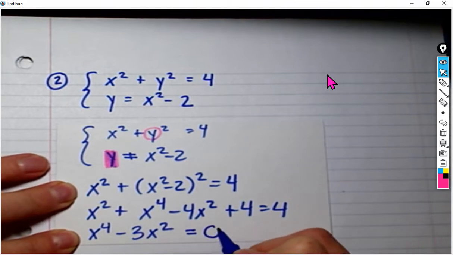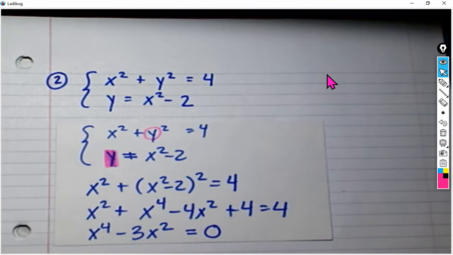Equals 0. Did I get 0? I think I do. Okay, so you end up here. Now, it's possible, but is there a better choice? There might be a better choice, okay?